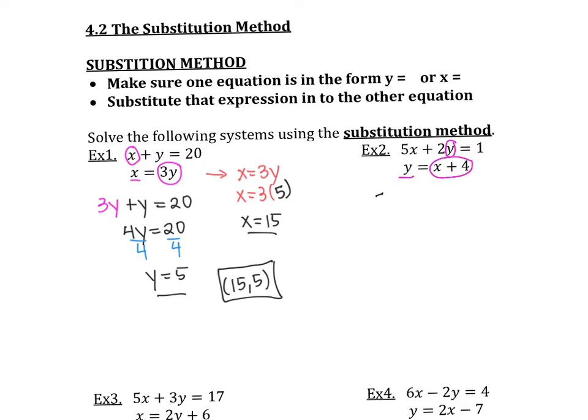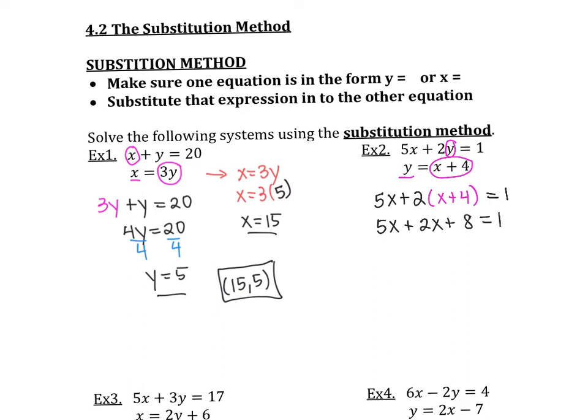So I'm going to write 5x plus 2, where the y is, because y equals x plus 4, I can replace y with x plus 4 and bring down the rest of the equation. Now I'm going to try to solve this equation. Let me distribute. 2 times x is 2x, 2 times 4 is 8.